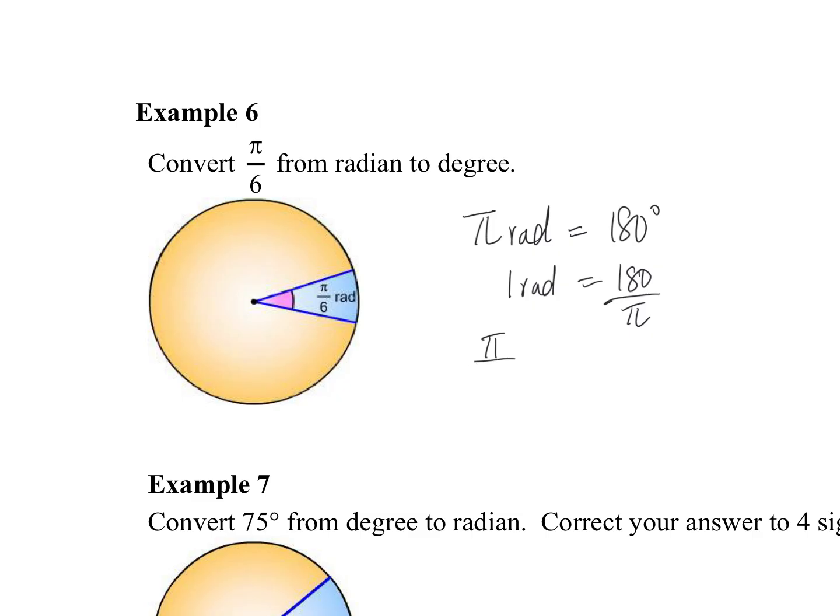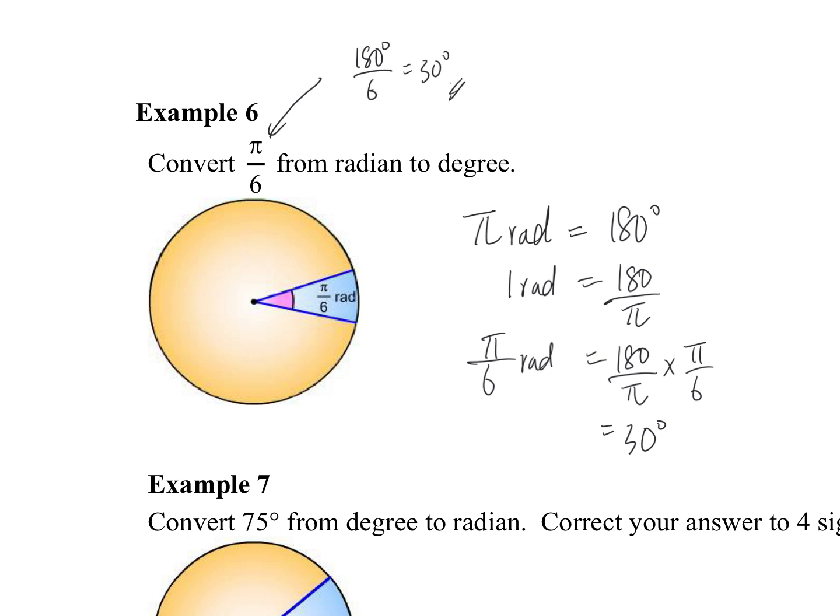So pi over 6 will be this thing times pi over 6, which gives 30 degrees. Or you can see that actually pi is 180 degrees, I divide by 6 is 30 degrees. So it depends on how you want to look at it for your conversion.